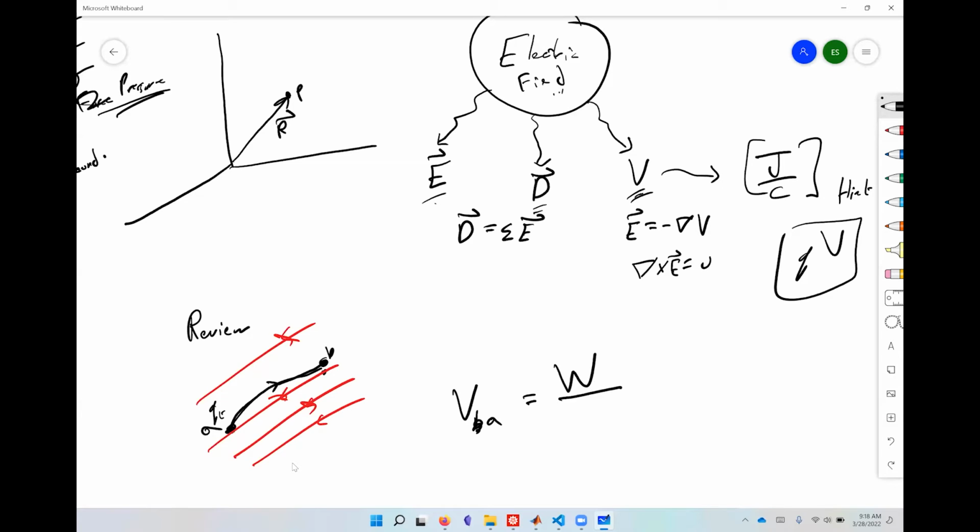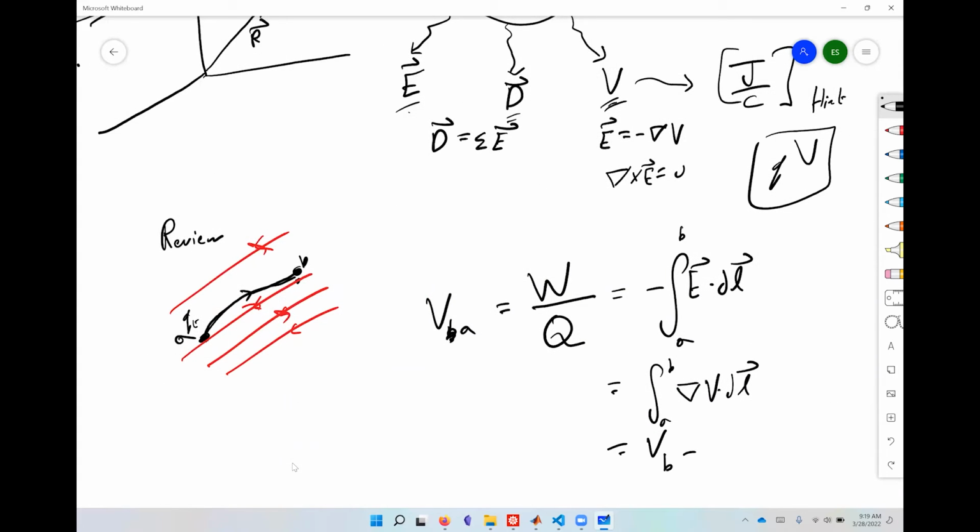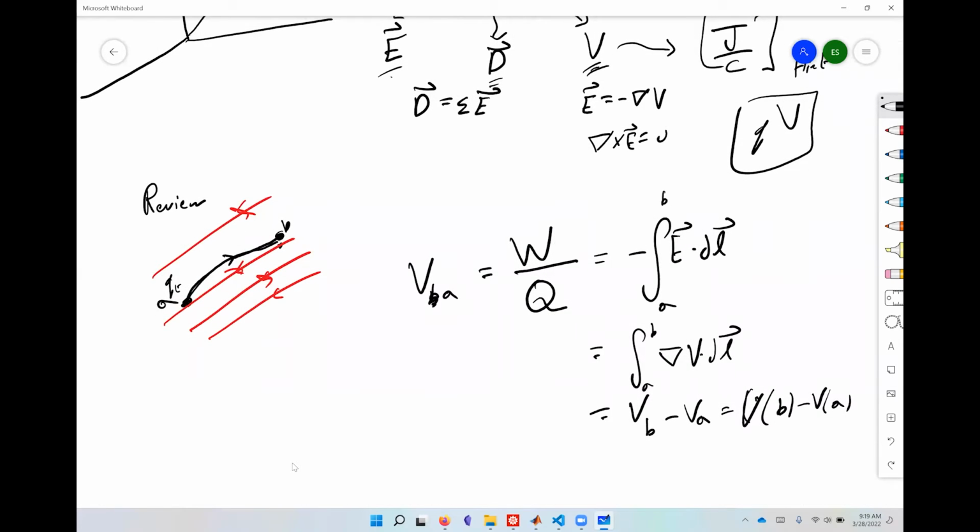So it's the work done over the charge that you apply. And this is equal, we said, to minus the integral from A to B of E dot dl. And from E equals minus grad V, from the fundamental theorem of calculus, grad V dot dl equals VB minus VA. So that's what the voltage is.